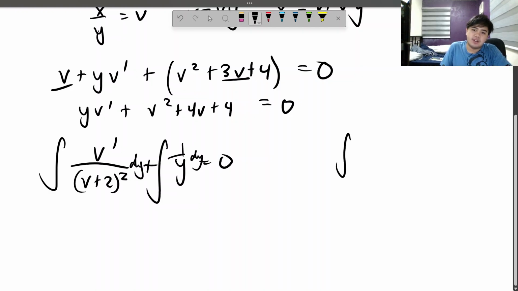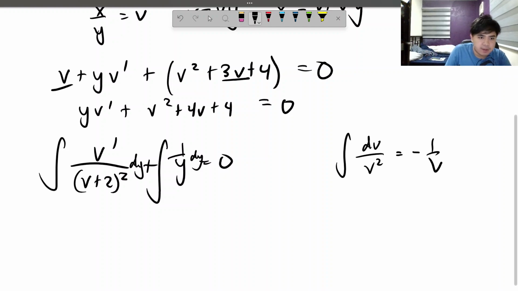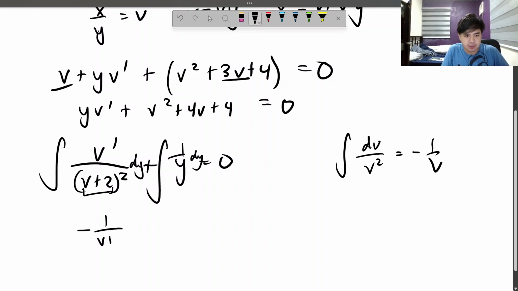Recall that the integral of dv over v squared would be negative 1 over v, since the derivative of that is 1 over v squared. And because this is v plus 2, there is no chain rule shenanigans, I guess. So we can say this is negative 1 over v plus 2. You can check it if you want.